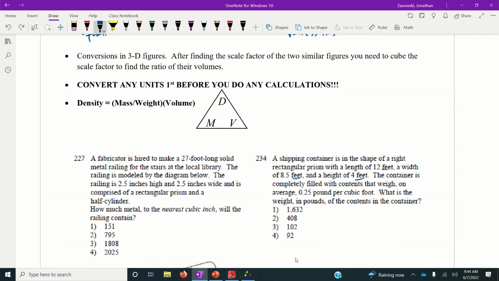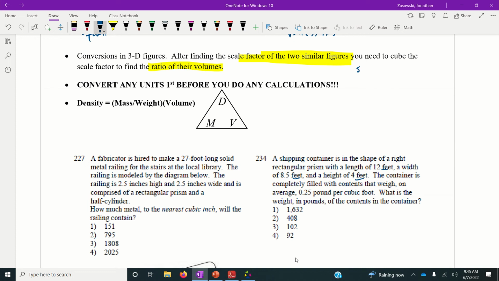Okay, so in conversions, make sure that after you find the scale factor of two similar figures, you need to cube the scale factor to find the ratio of the volumes. All right, we'll talk a little bit more about this tomorrow, but we've got to keep that in mind.